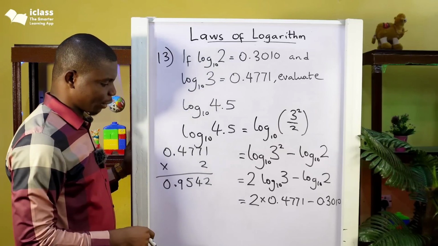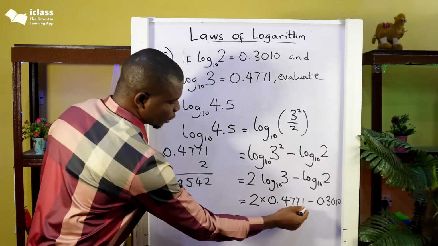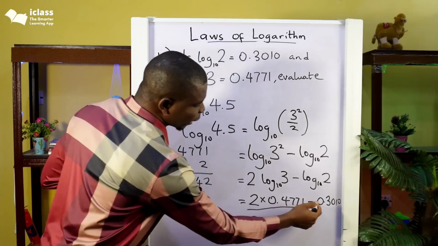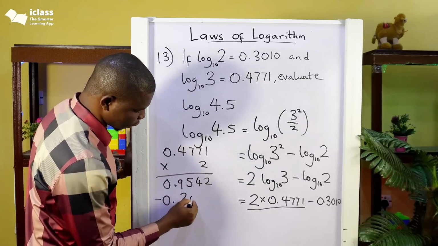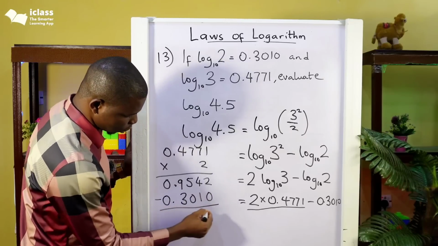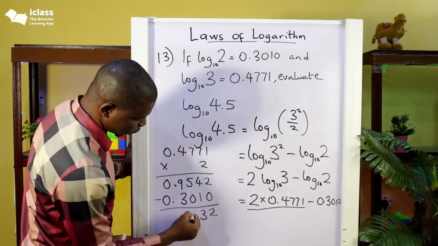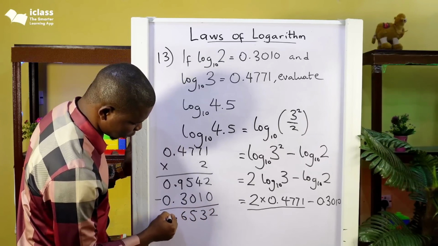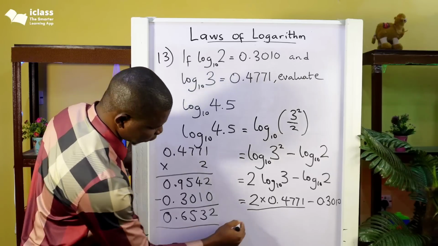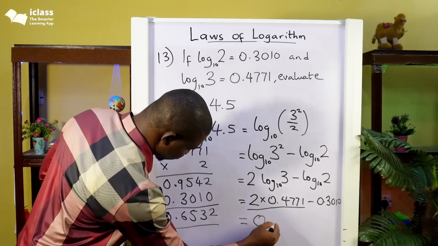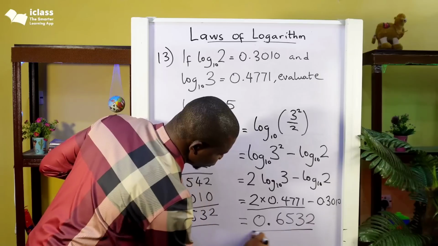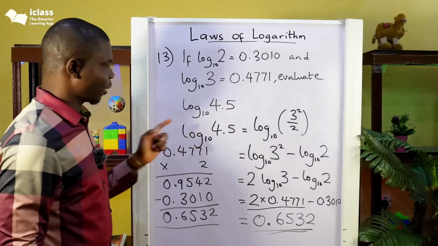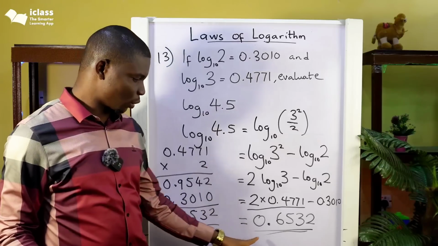So we have 0.9542, that is this. Then minus 0.3010. So this will be 2, this will be 3, this will be 5, this will be 6. So our answer is 0.6532.